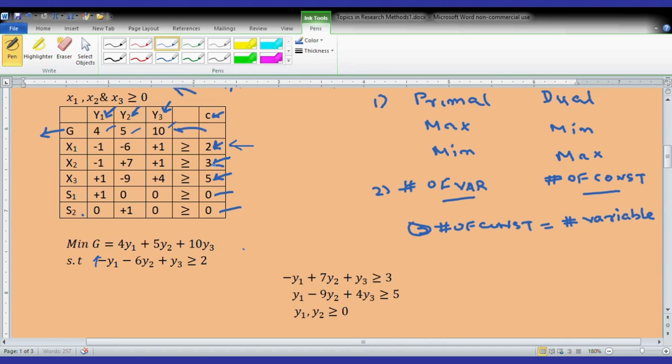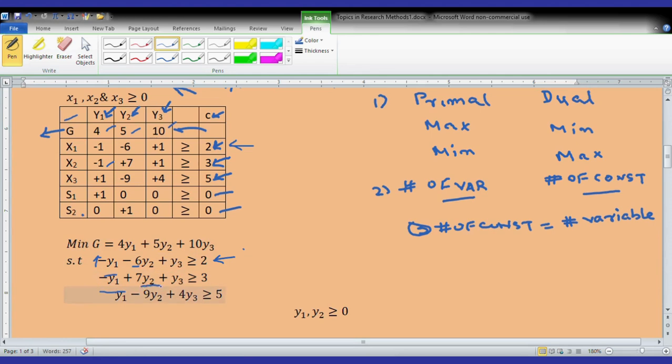So see that when we do that, our equation becomes minus y1 minus 6 y2 plus 1 times y3 equal to or greater than 2. So this is our first dual constraint. Similarly, for the second dual constraint, we have minus y1, because we have minus 1 here, and this is your 7y2.